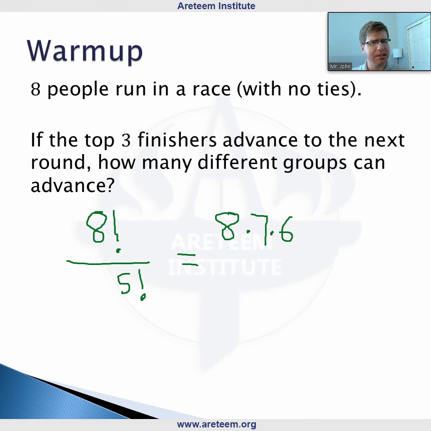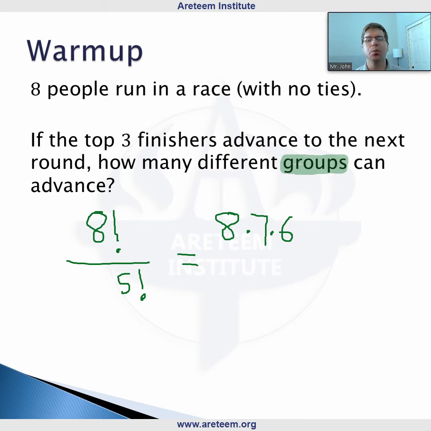How is this one different though? Well, if we just want the different groups that can advance, right? This is our key difference. We don't care about who got first, who got second, who got third. We just care about the groups, meaning we don't care about the different ways we can shuffle those first 3 people.